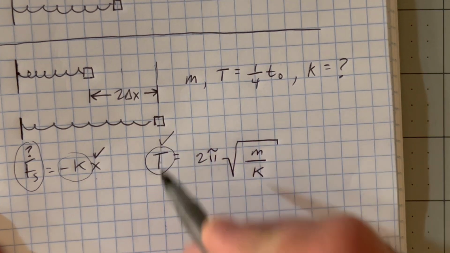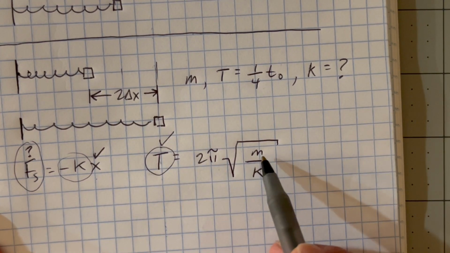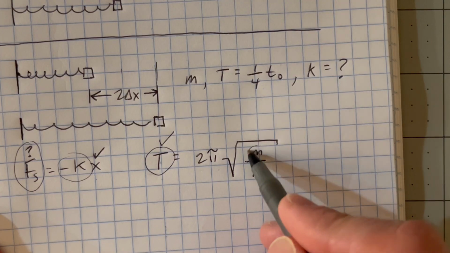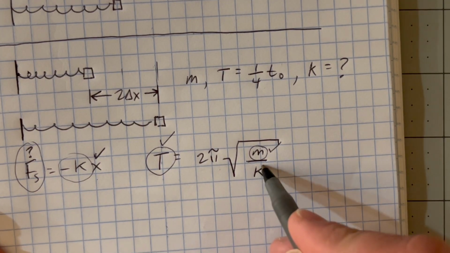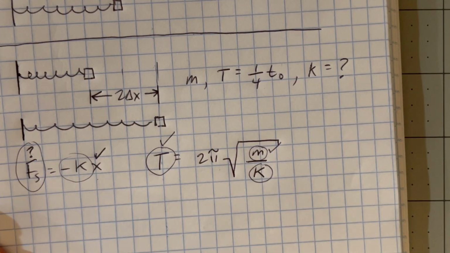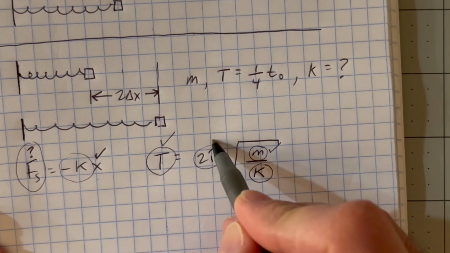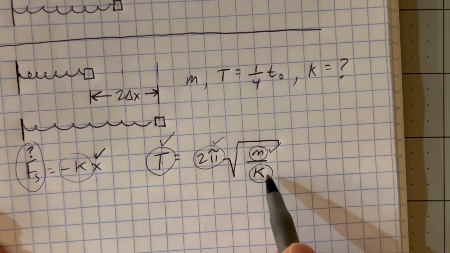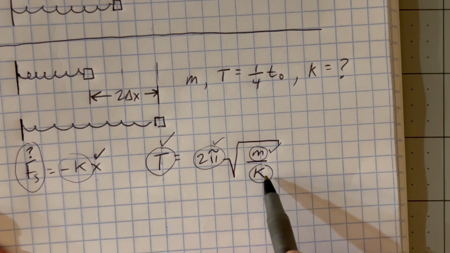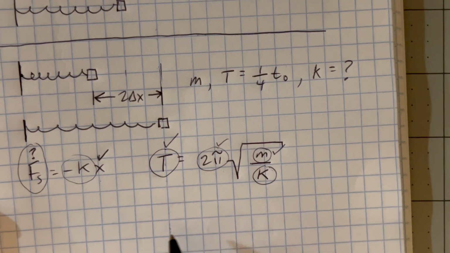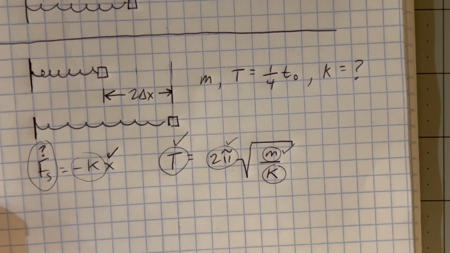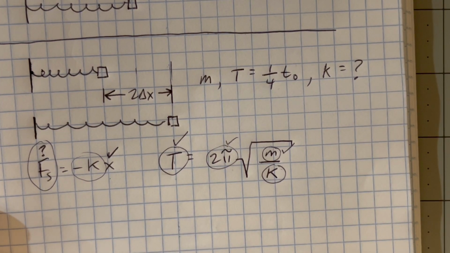We know them. We know that the mass stays constant. So that's constant. And then we're solving for K. And 2 pi is just a constant. So because K is the only unknown value, we can use this equation. Whereas in the previous one, we didn't have information about the forces.